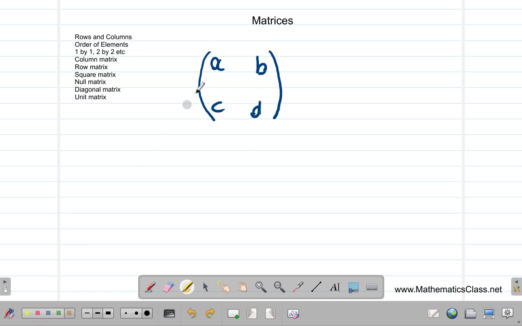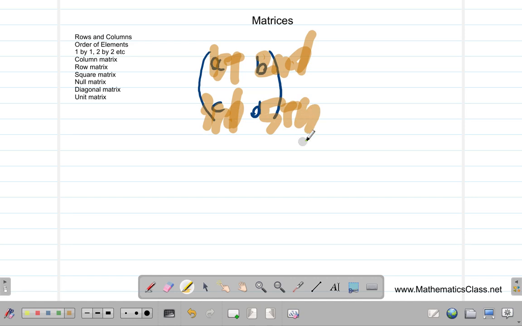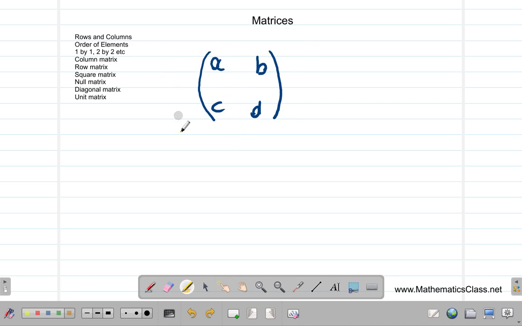Remember now, the elements are the first, second, third, fourth. You see that? So you go in that order, just like how we read. Left to right, zigzag, down, left to right.